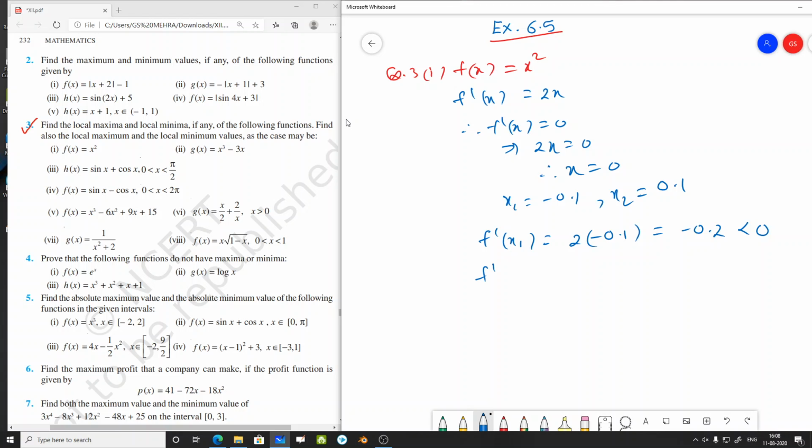Similarly, let us find the value of f dash x2. That is 2 into 0.1, so that is 0.2 and it is greater than 0.